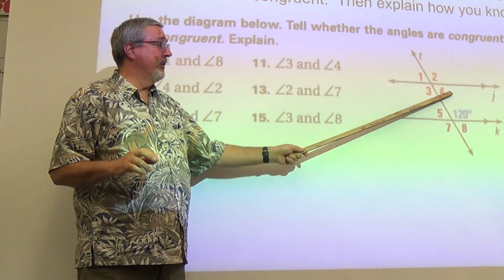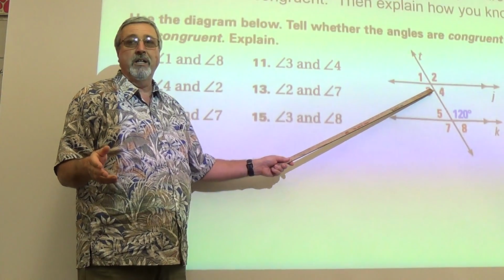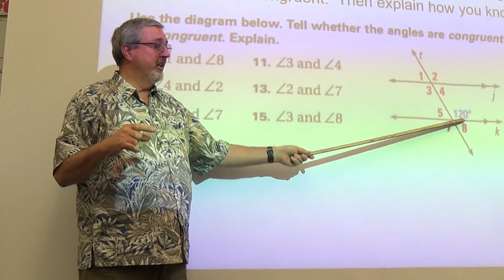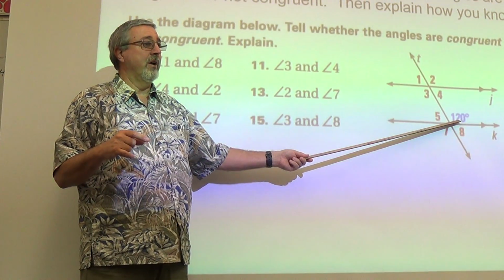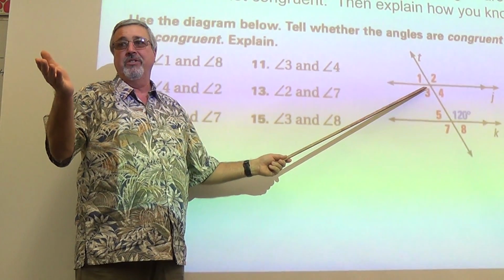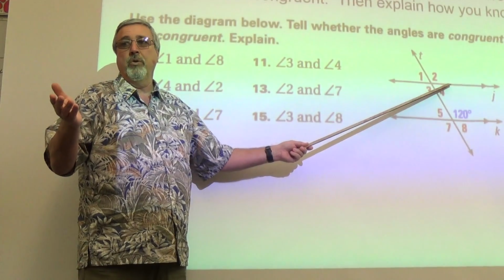So since these are not alternate interior angles, alternate exterior angles, could these still be congruent? They could if this was 90 degrees, right? If this was 90 degrees, these could still be congruent, but they're always going to be supplementary, right? They're always going to add to equal 180.